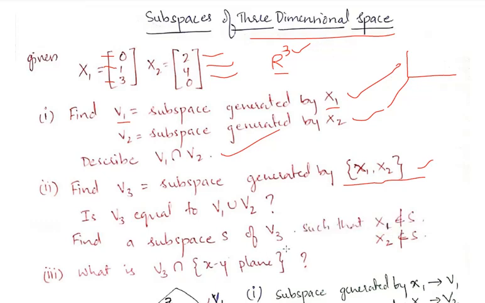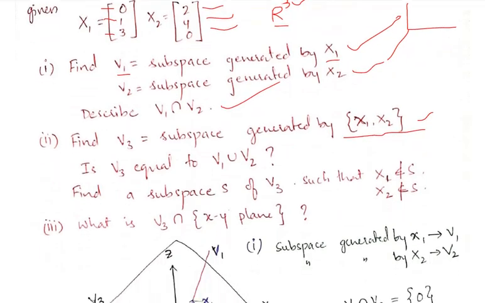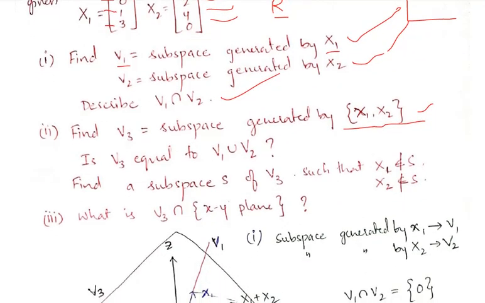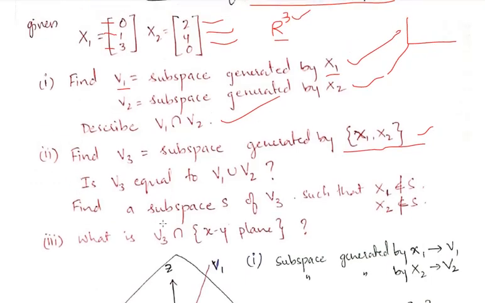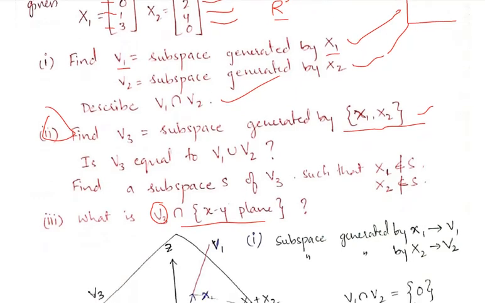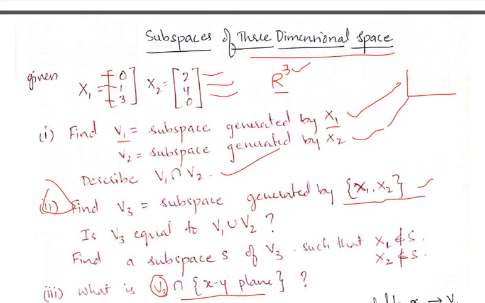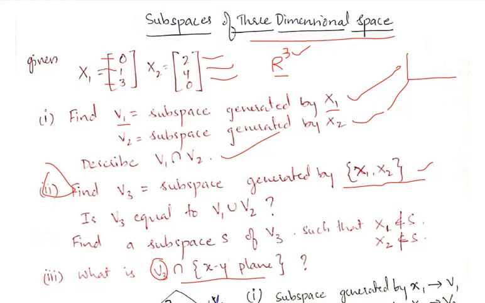Find a subspace S of v3 such that x1 does not belong to S and x2 does not belong to S. We will go one by one. And the last question is, what is v3 intersection xy plane? He is asking about v3, which we will find in the second question, and its intersection with the xy plane.